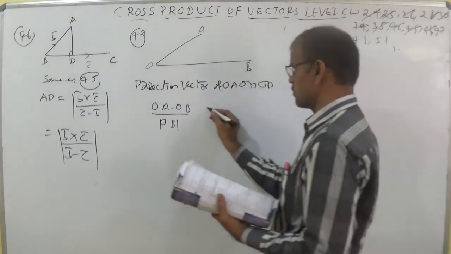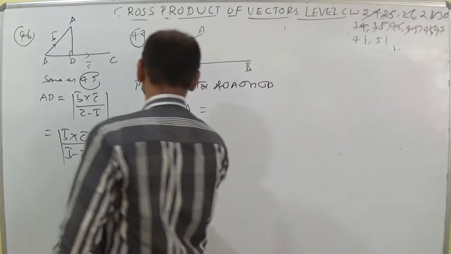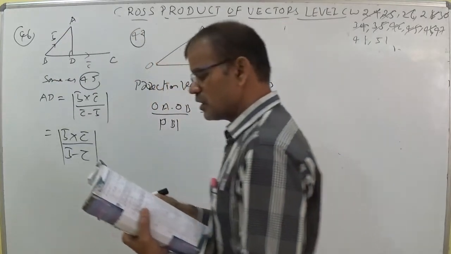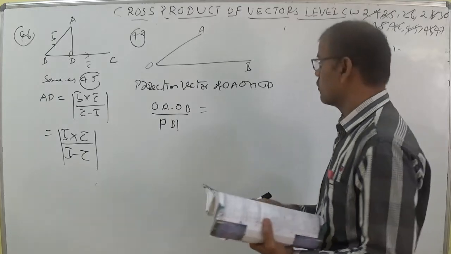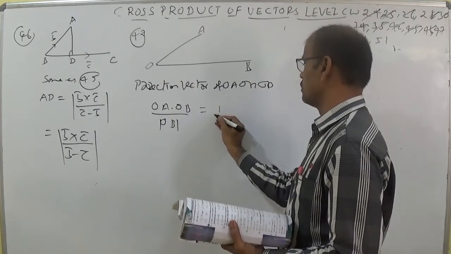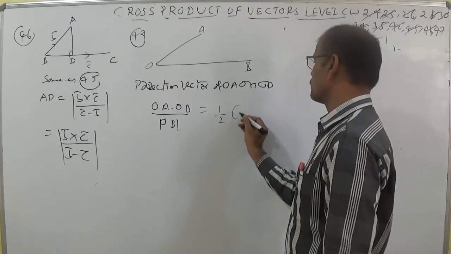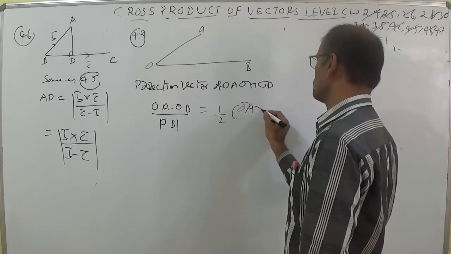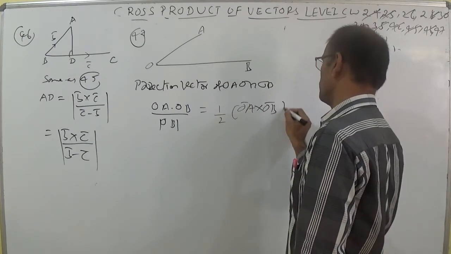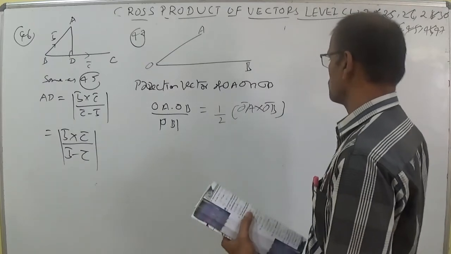And he has given the condition, the area of triangle OAB. What is the area of triangle OAB? We know that the area of triangle OAB is equal to 1 by 2 OA cross OB.